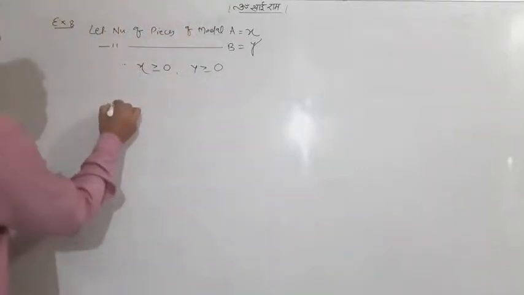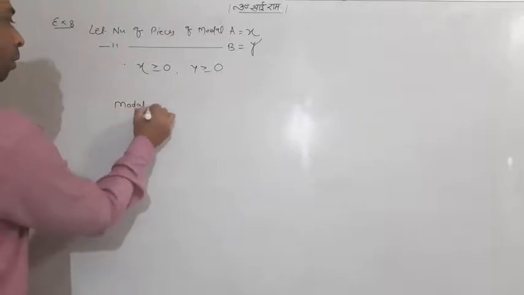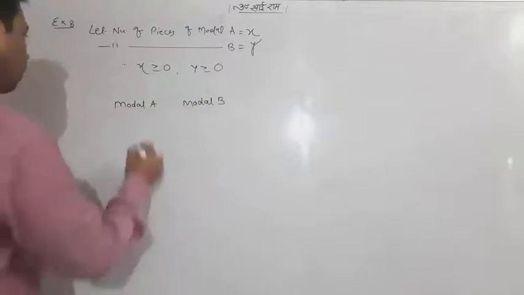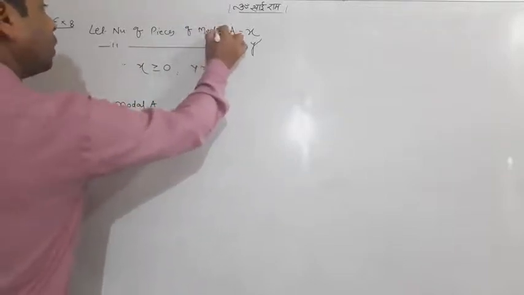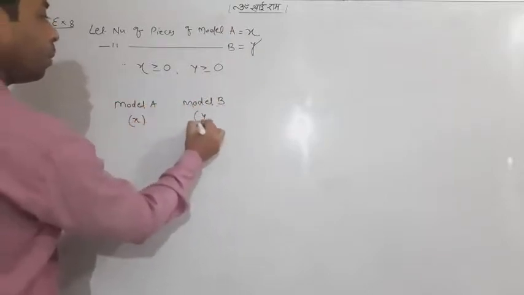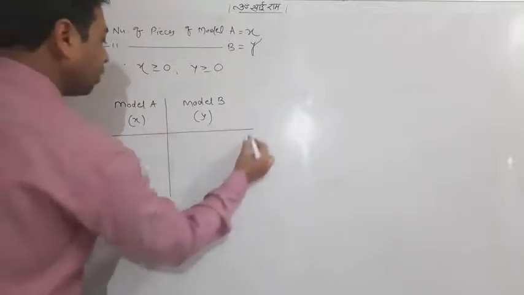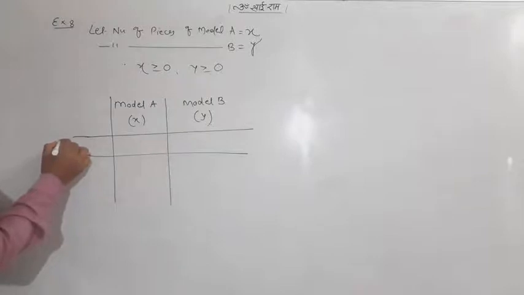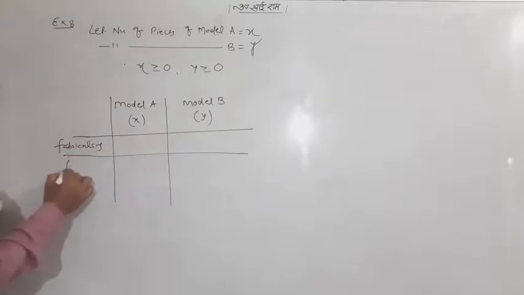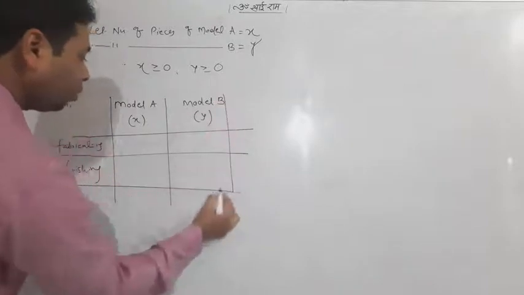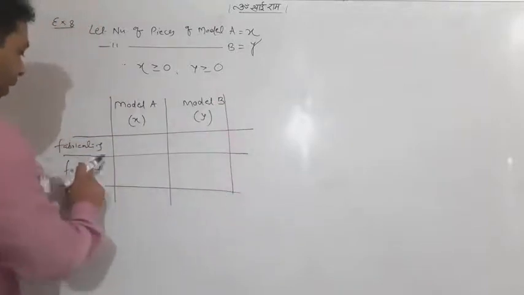You write here model A and model B, and you write only X and Y, the number of pieces of model A and model B. And you write two things: first, the fabricating hours, and second, the finishing hours. So we have two types of labor hours, fabricating labor hours and finishing labor hours.